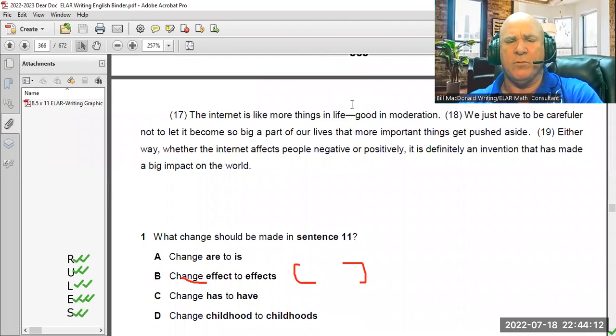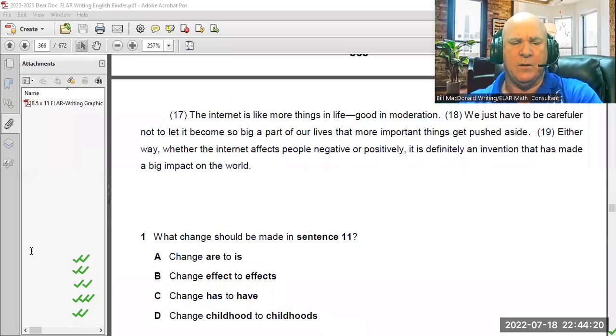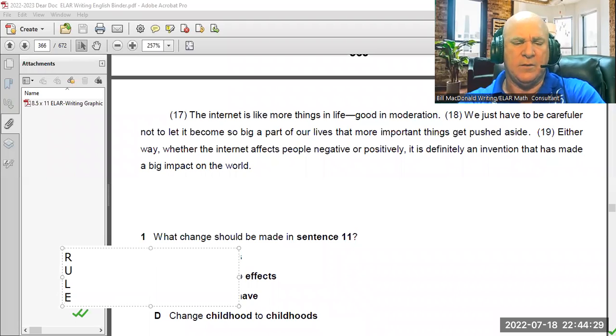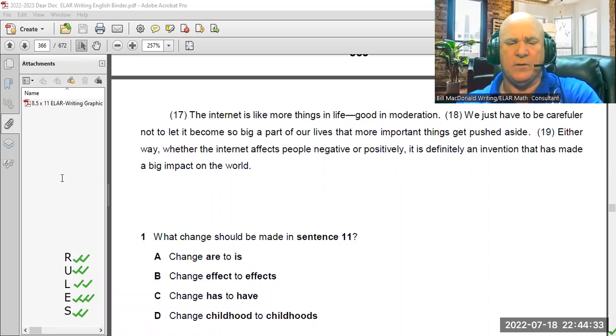So let me erase this part here, here, and here. And then I'll go ahead and add rules again for you guys, just so you can remember. It's read, underline, label, eliminate, and select one answer, is what we were doing there.